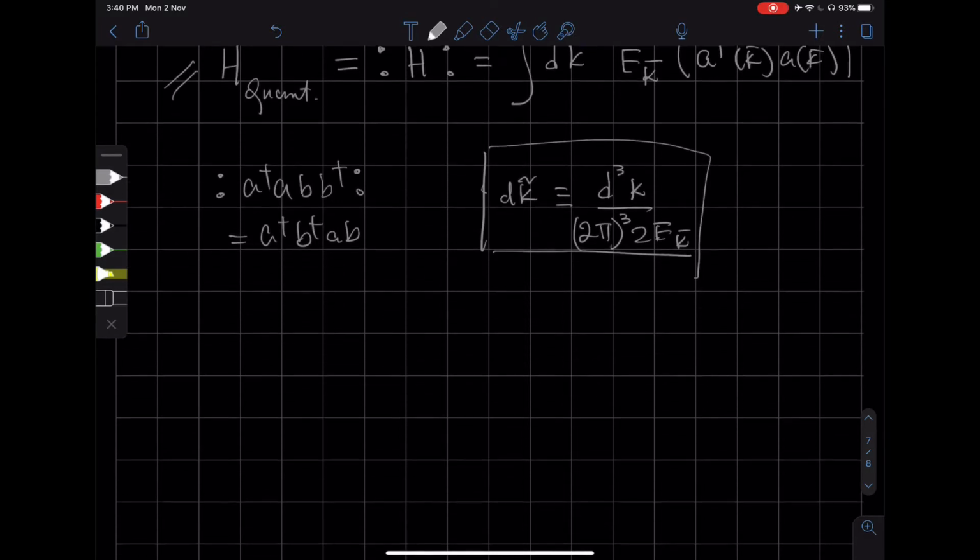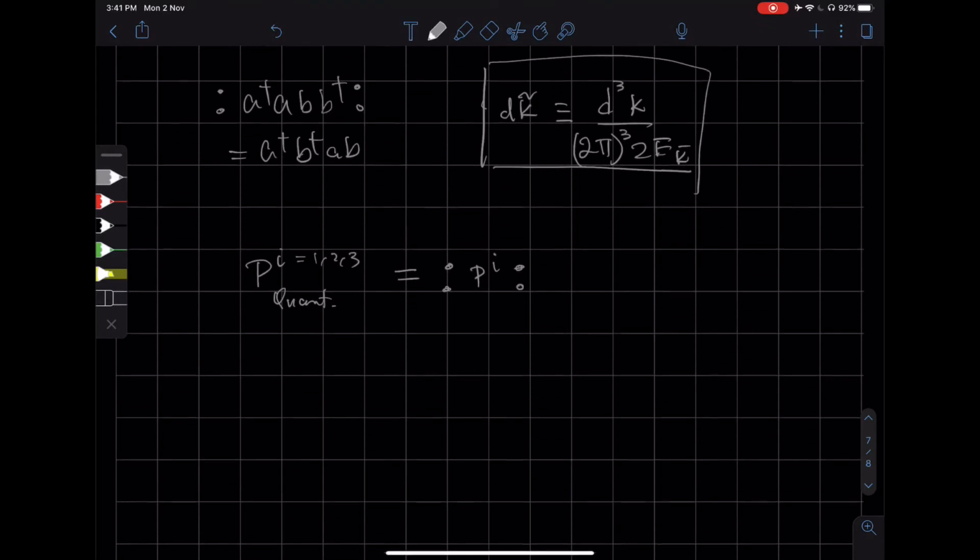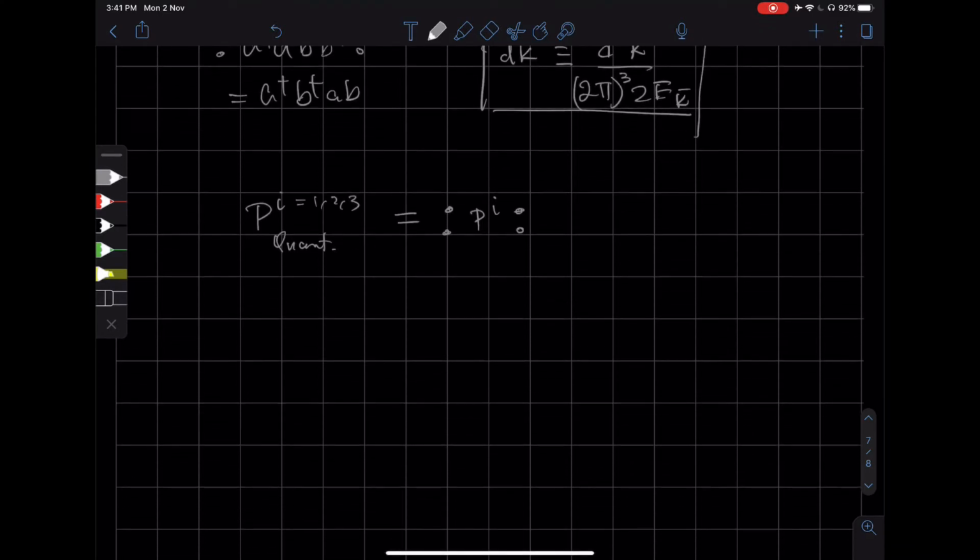Here we're going to derive the expression for the momentum operator P^i, where i goes from 1, 2, and 3. We're going to derive the quantized momentum operators, and they're given by the classical momentum operator, but normal ordered. So what is this? Let us figure this out.